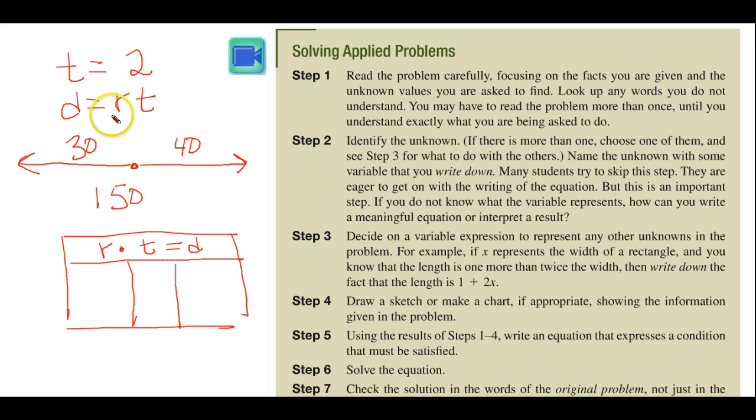Well, if they are going 40 miles per hour, and it's 2 hours, then your distance is 80. So when you do your answer statement, 2 is not the answer, 80 is, because they're looking for distance. Okay, and then finally, of course, you check it.